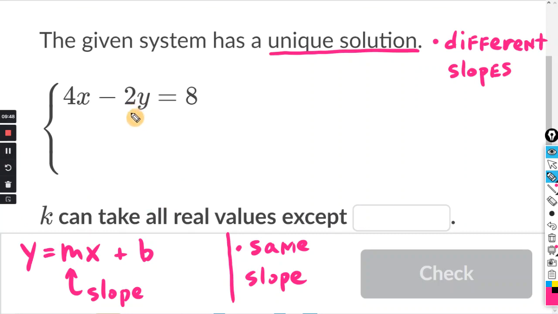Here we have negative 2y. I'm going to bring this to the right, and I'm going to bring the 8 to the left. So negative 2y, the opposite is positive 2y. I'm going to do that to both sides. And also, since the y is over here, I'm going to get the 8 over here, so I'm going to do minus 8 to both sides.